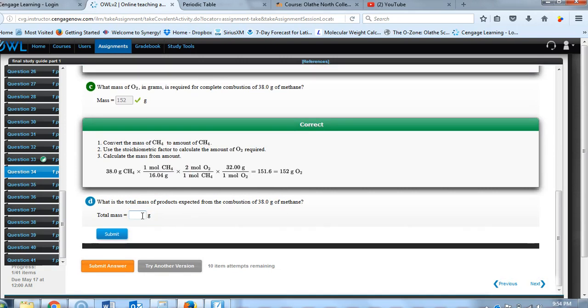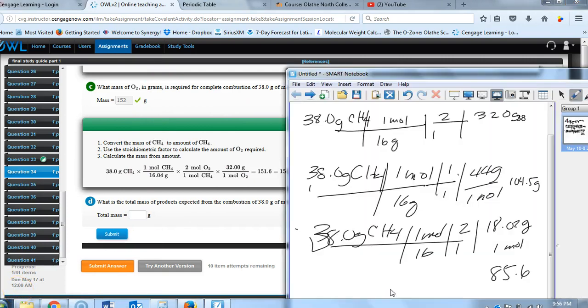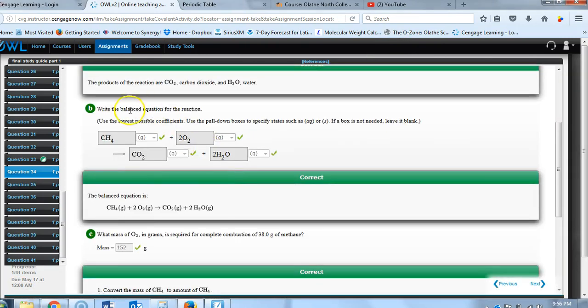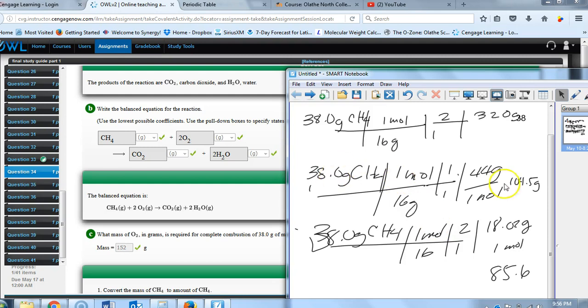What's the total mass of products expected? So we've got to add up our carbon dioxide and our water that we're going to make. I'm going to hit pause, do the math. All right, to calculate our products, 38 grams of methane, going from methane to carbon dioxide, it's a 1-to-1 ratio. And the molar mass of carbon dioxide is 44 grams per mole.